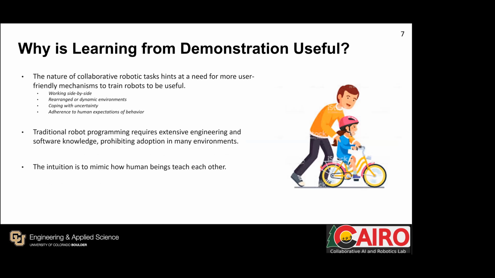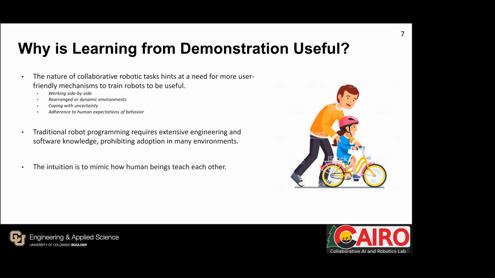Briefly, I want to touch on why learning from demonstration is useful. The nature of collaborative robotic tasks hints at a need for more user-friendly mechanisms to train robots to be useful. Collaborative robots are those working side by side with humans. They operate in environments where the objects could change pretty consistently.